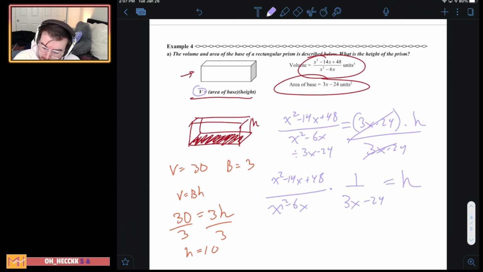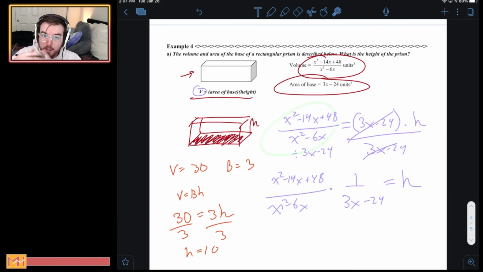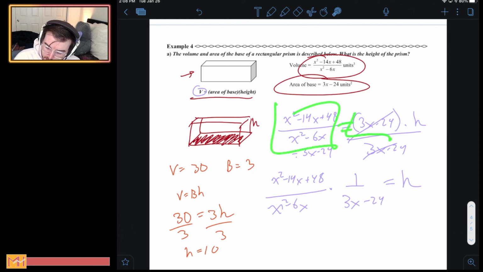Right? I hope you see the comparison that I'm trying to make here. Even though this feels almost like gibberish and there's all these x's going around, just think of it as one term equals this term times this term, right? Just like this. Even though they aren't numbers, the math still operates the same.